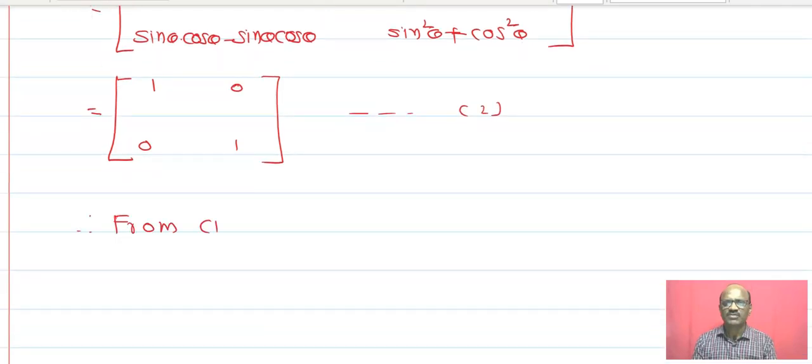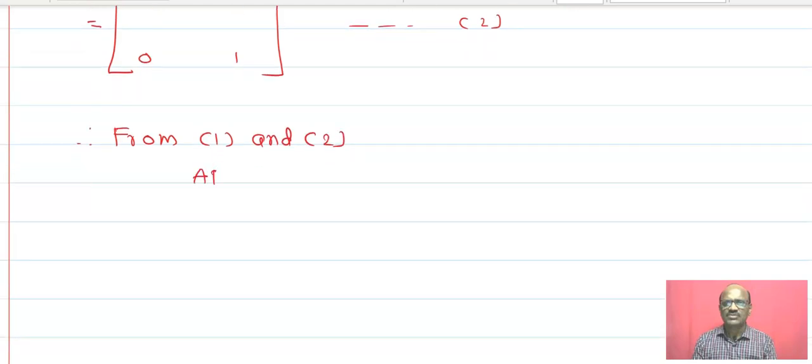From 1 and 2, AB is equal to BA, and matrix multiplication is commutative here.